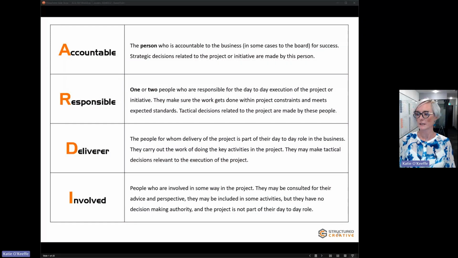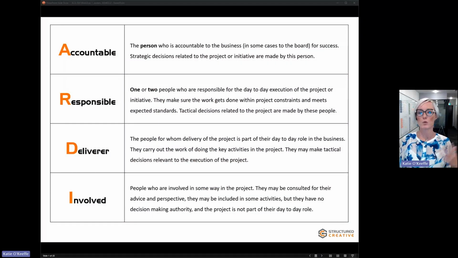However, we felt it was really important, in establishing execution of a project and listing out roles and responsibilities, to say who's actually going to do the work. So we've included that in our matrix as well. So without further ado, our slight variation on the matrix we have called ARDI.